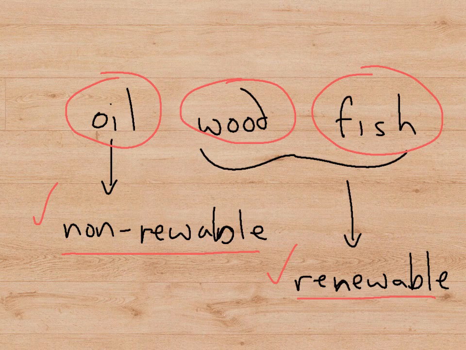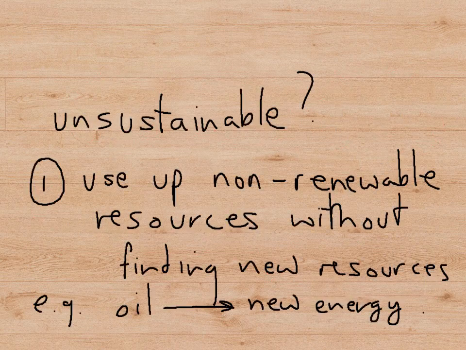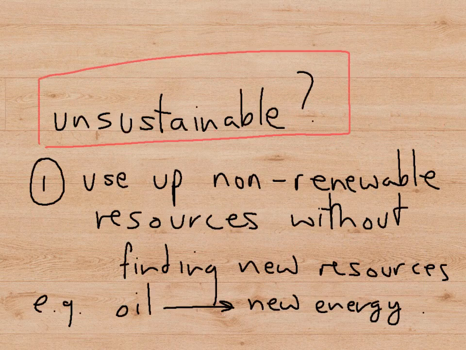Both of these definitions are helpful in defining sustainable economic growth. So to understand what is sustainable economic growth, we can look at what makes economic growth unsustainable. And one thing that makes economic growth unsustainable is when we use up non-renewable resources without finding new resources to take their place. So, for example, oil is being used up.